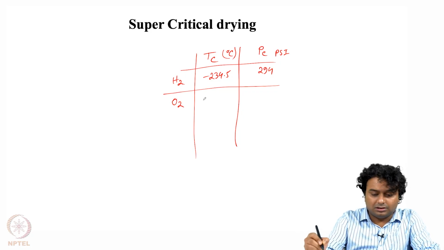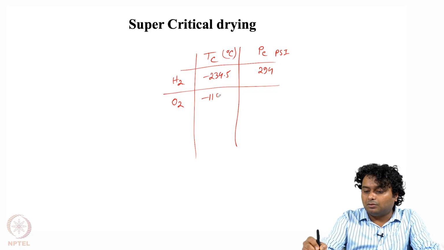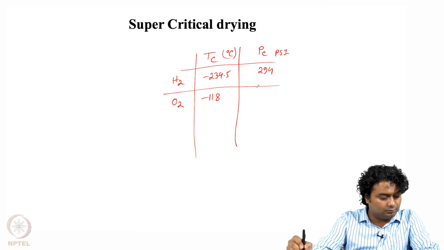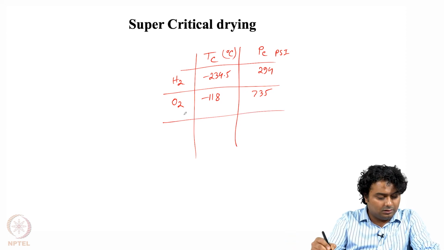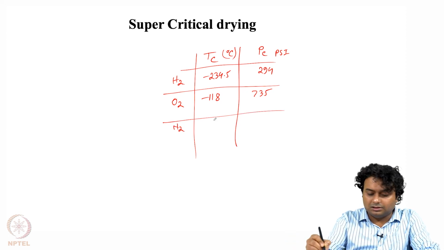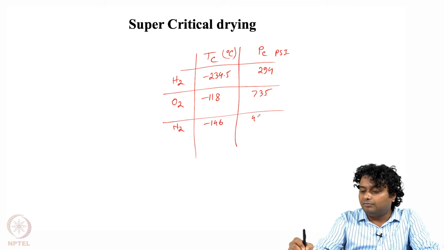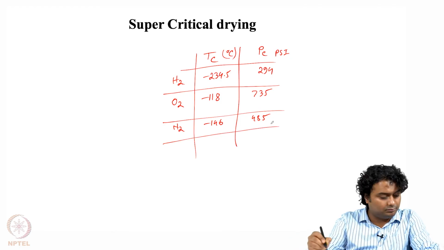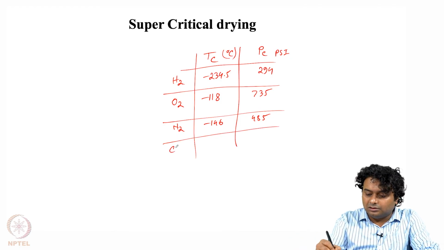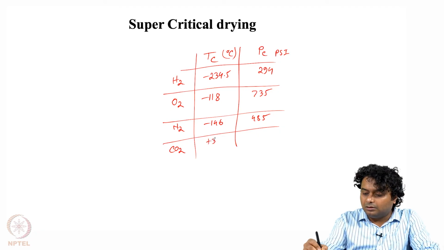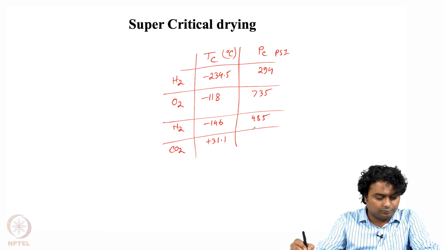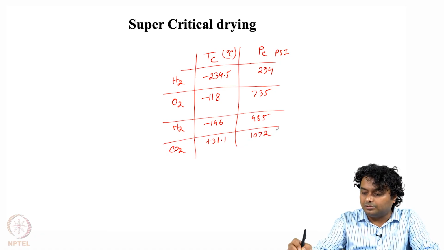Then O2 is minus 118 and 735. N2 is minus 146 and 485. CO2 is plus 31.1 and 1072.